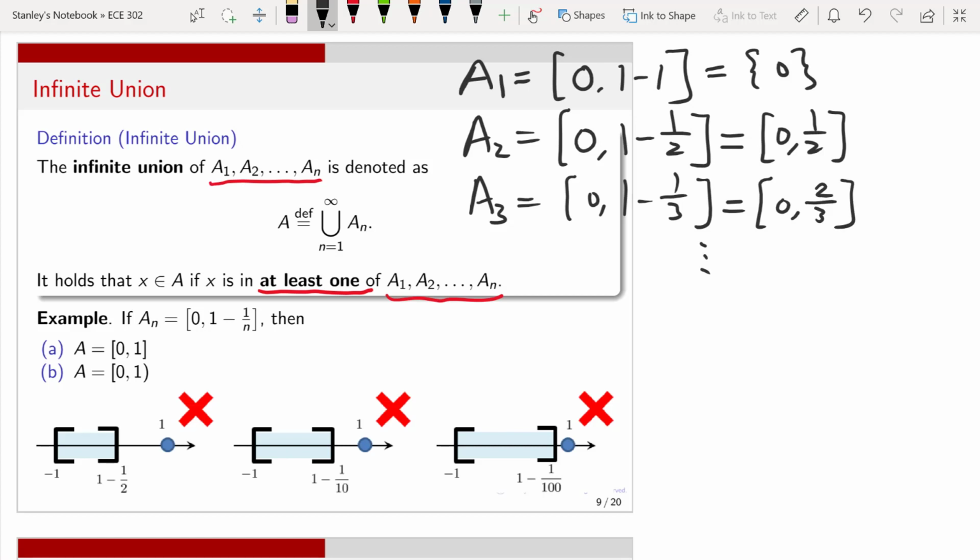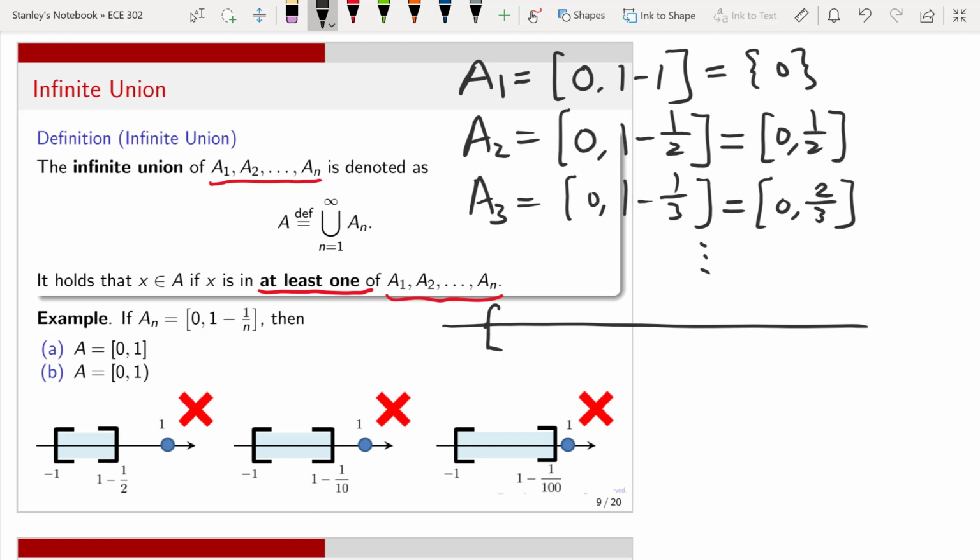These are all the sets inside the sequence, and now I want to take the infinite union. I'm taking the union of all these. If you want to draw this diagram, you can see that A1 will just be a point.